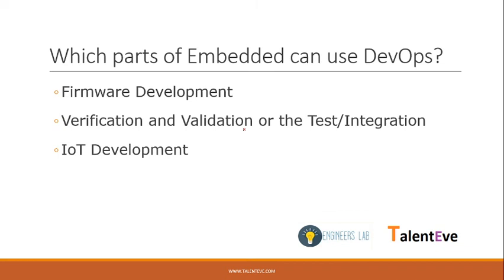So IoT development can definitely use DevOps when they are developing the software level applications, whereas the hardware needs to be defined and available for that specific team to follow this, because unless the hardware is available, they cannot follow this. So IoT development can definitely follow DevOps when they are doing an embedded development.